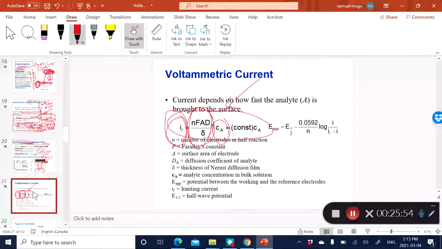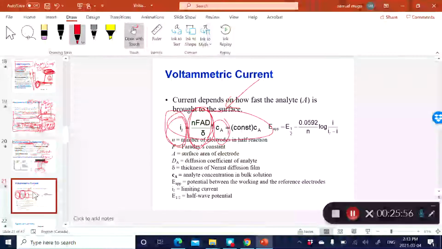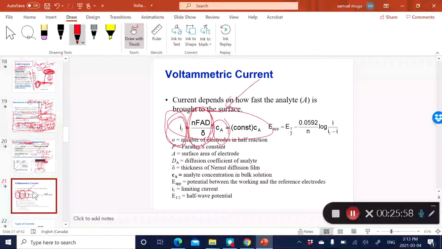If I ask you some of the parameters that you need to optimize in voltammetry to give you the best results, you look at these equations and these variables that you need to play with, so that you can improve the limits of detection, which is a signal in voltammetry. A good example is the surface area of the electrode.